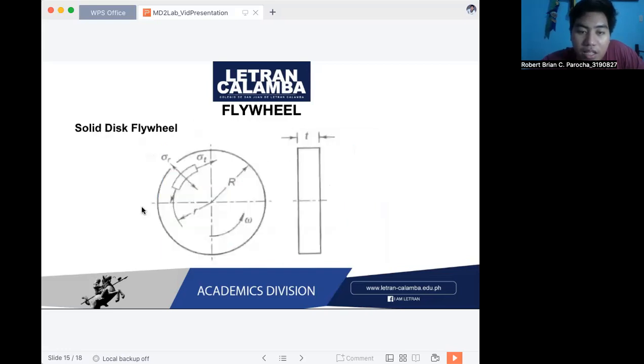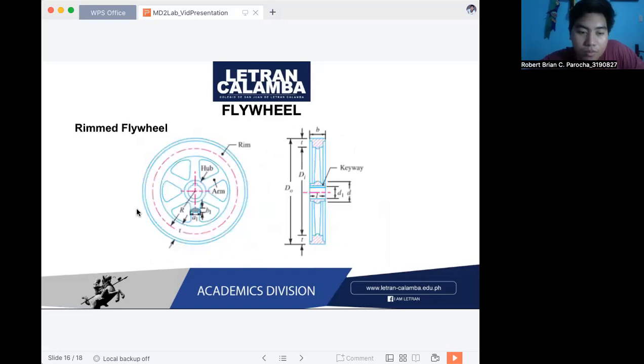Next slide is the second type of flywheel, which is the solid disc flywheel. From the figure, the solid disc has no holes. This type of flywheel can be seen in our automobile's engine, and because of that, it is the simplest type of flywheel.